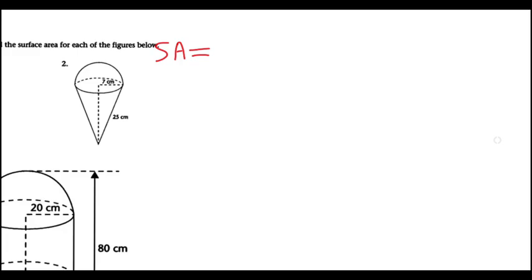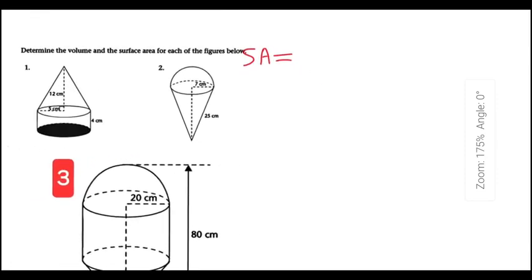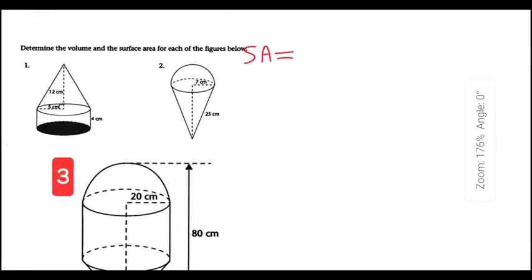So the base, let me show you, the base is a circle, so pi r squared, plus, now we have to make the formula. This is the lateral surface area of the cylinder, that is 2 pi r h.